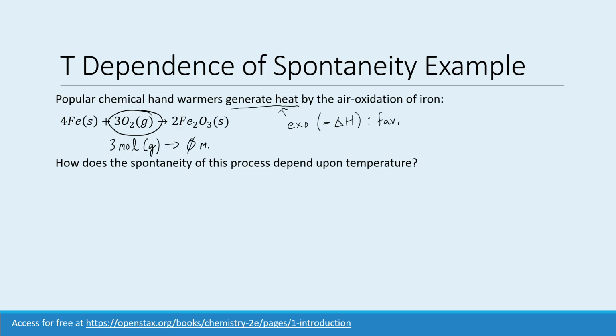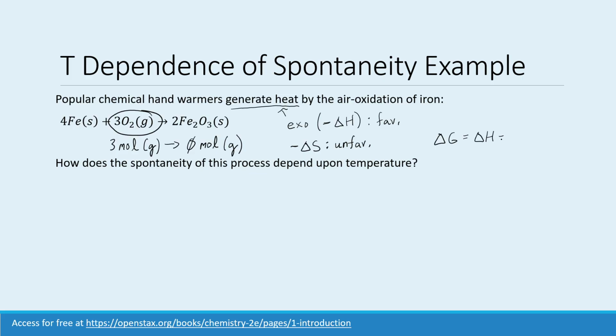And we don't have any on the product side, right? Because everything becomes a solid, so 0 moles of gas. So what's happening here is that you're having a decrease in entropy. You're lowering the disorder of the system. And so you have a negative delta S, and remember that that is unfavorable.